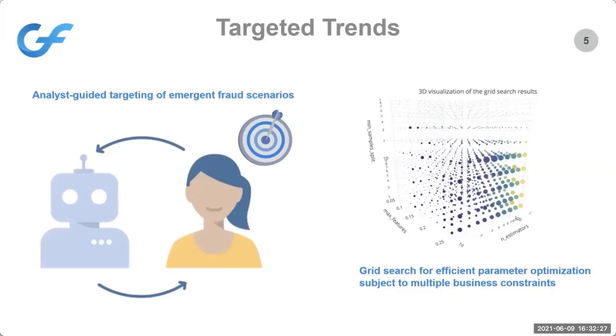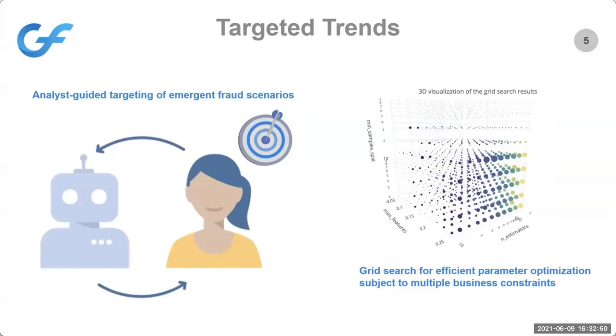And so the idea here is that instead of just training a model to do all of the rule creation by itself, to really couple the model to a rules analyst and really empower the rules analyst to leverage this automated machine learning technology in a way where they're able to guide it and focus it on specific trends as they're emerging.